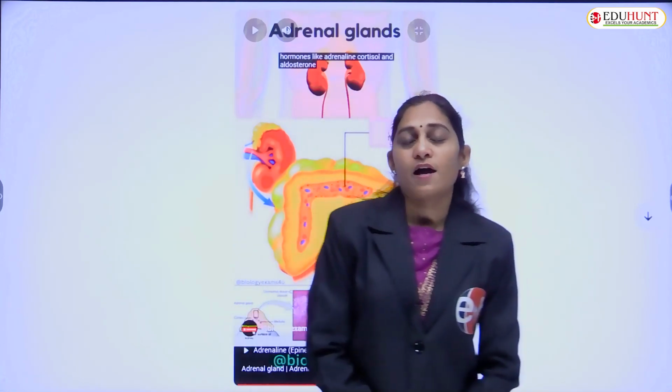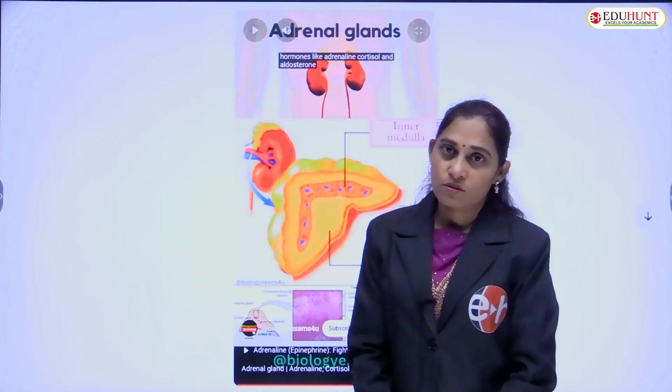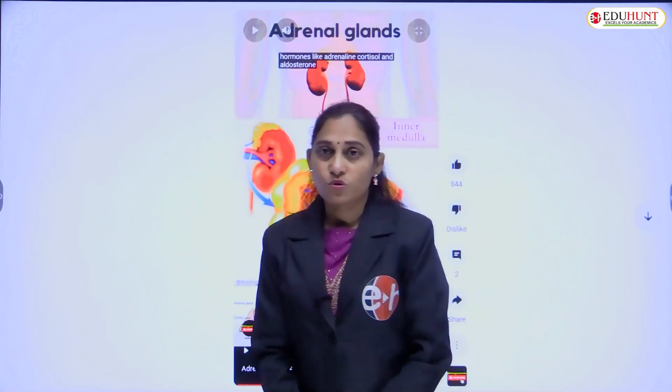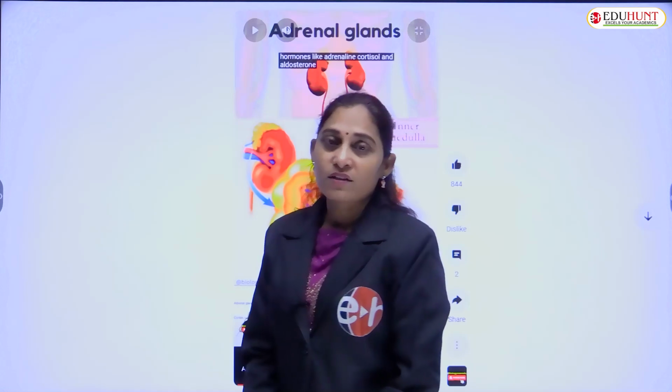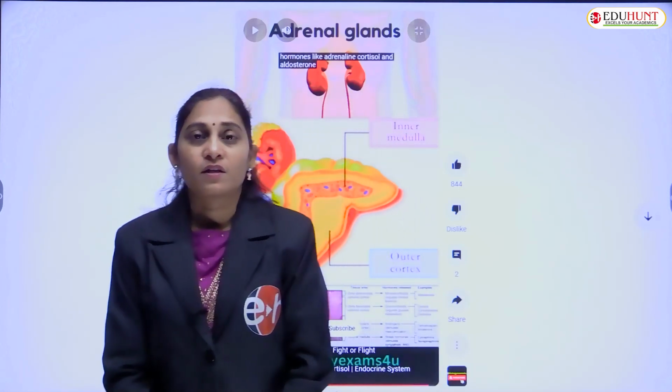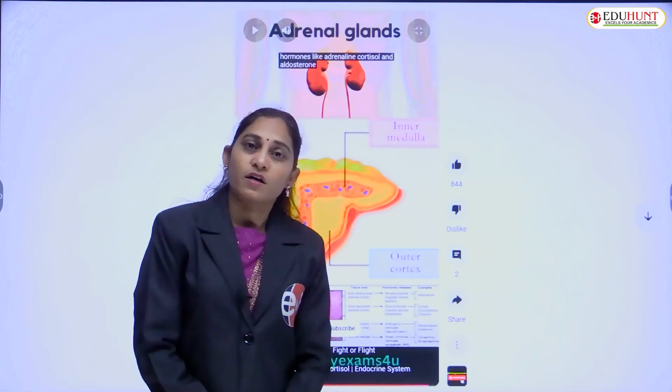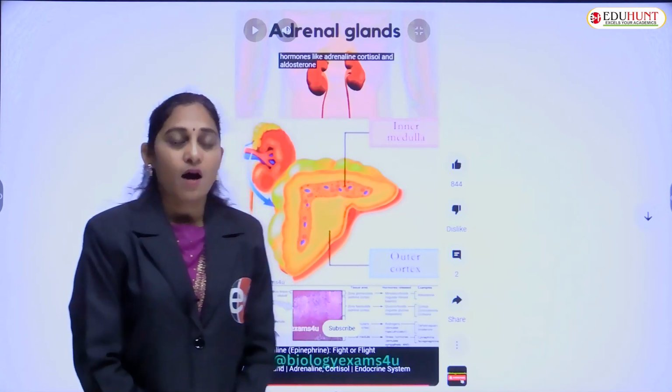Adrenal cortex has three zones: zona glomerulosa, outermost, zona fasciculata, the middle one, and the inner one, zona reticularis.